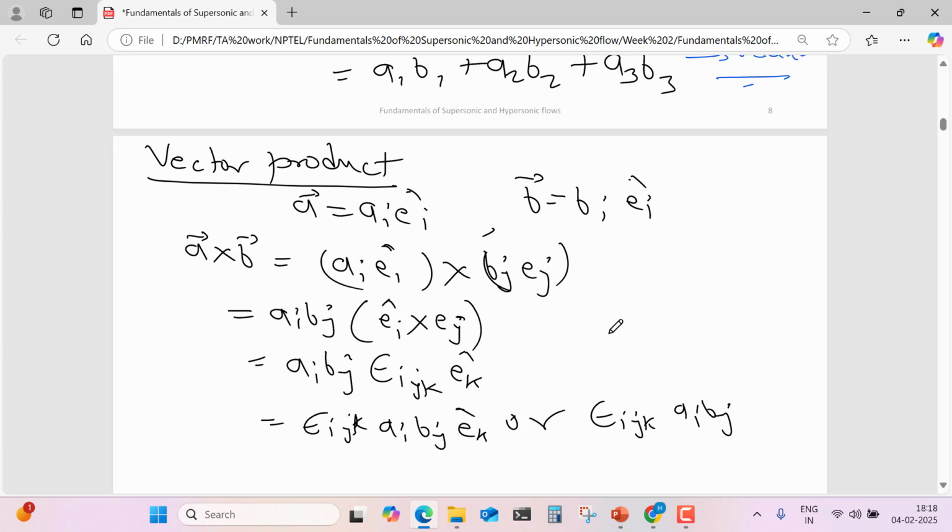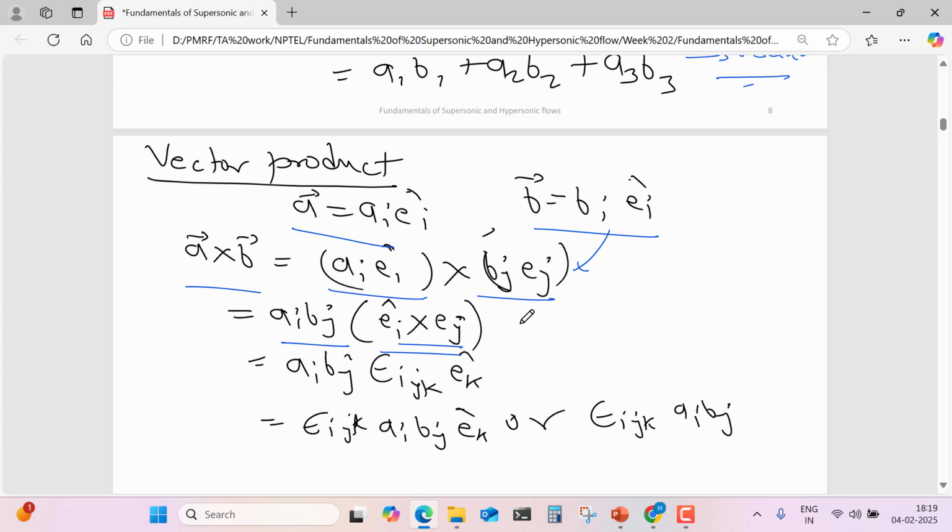Similarly, we will see the vector product. If two vectors are there, a vector and b vector, for the vector product we change the index for one vector and multiply. So ai and bj are scalars, so they will come out, and for ei cap and ej cap we have to do the vector multiplication.